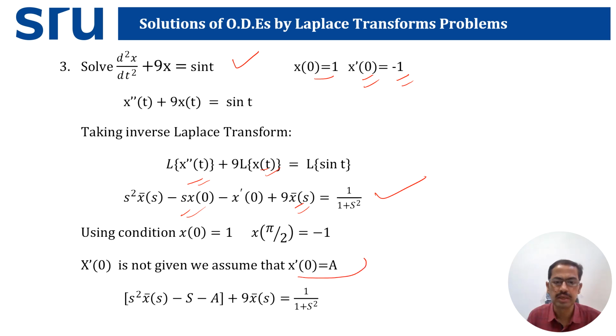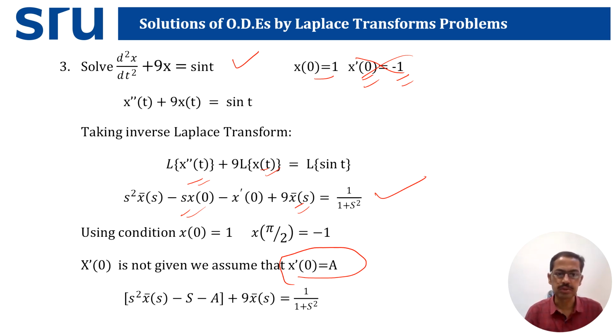Here you observe only two conditions, x of 0 is 1 and x of pi by 2 is minus 1, but x dash of 0 is not given. So let us assume x dash of 0 is a. Finally you would get the a value also.